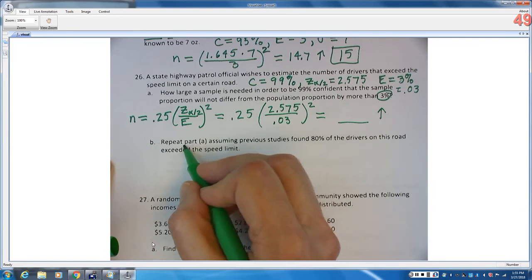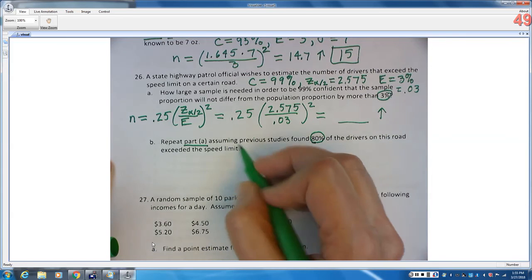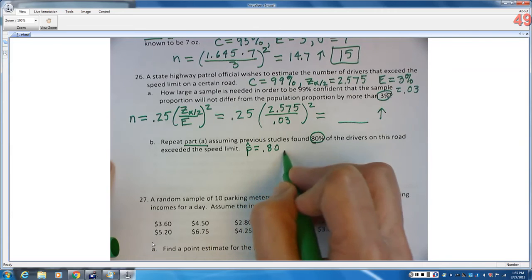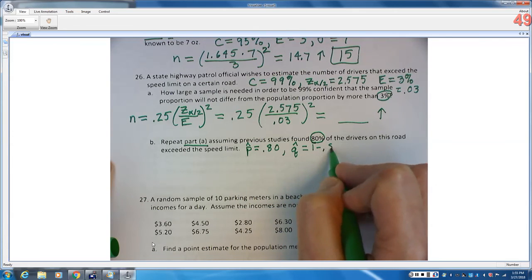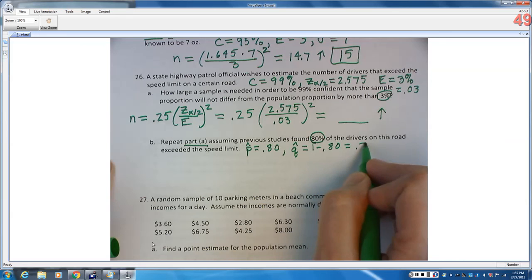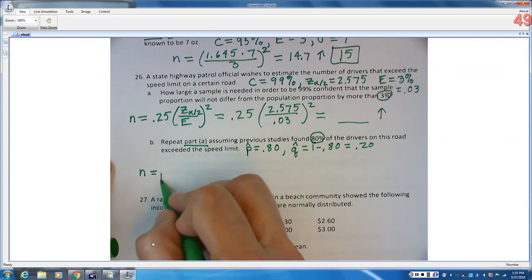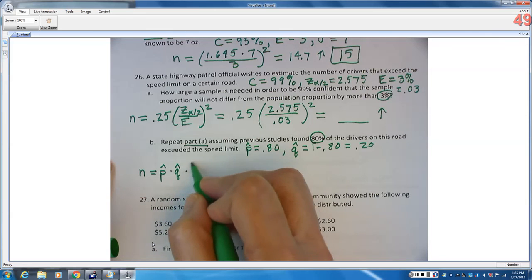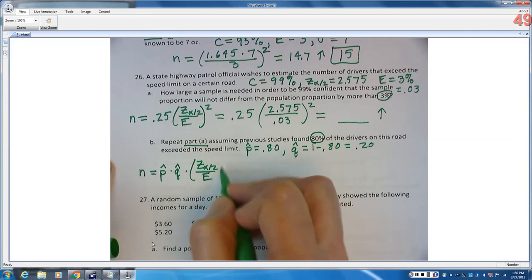The next one, repeat part A, assuming that previous studies found 80%. This is our p hat, 0.80. That means q hat is 1 minus 0.80, which is 0.20. So we have a p hat, so it's p hat times q hat times the critical value divided by E squared.